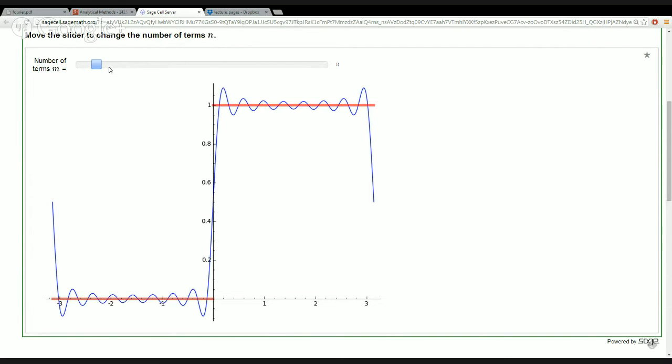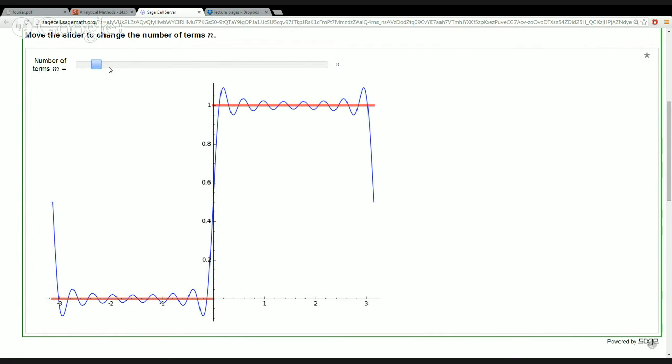So this is the pointwise one. Pointwise convergence is when, at each value x in the domain, we have that the value f_m of x converges to f of x as m goes to infinity.